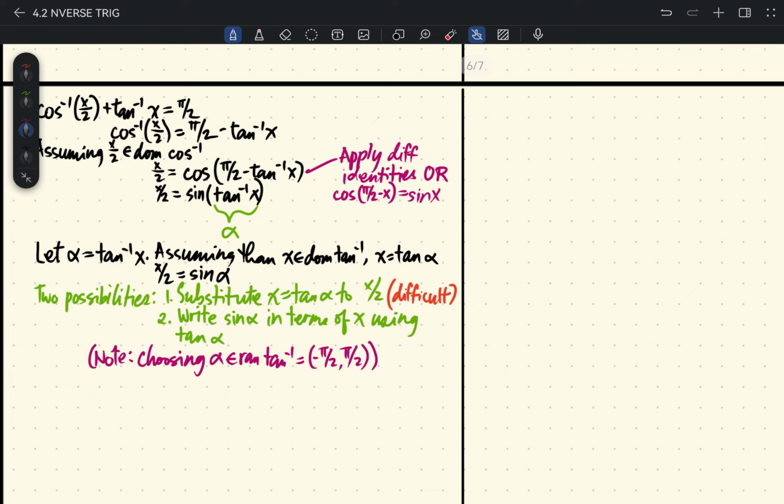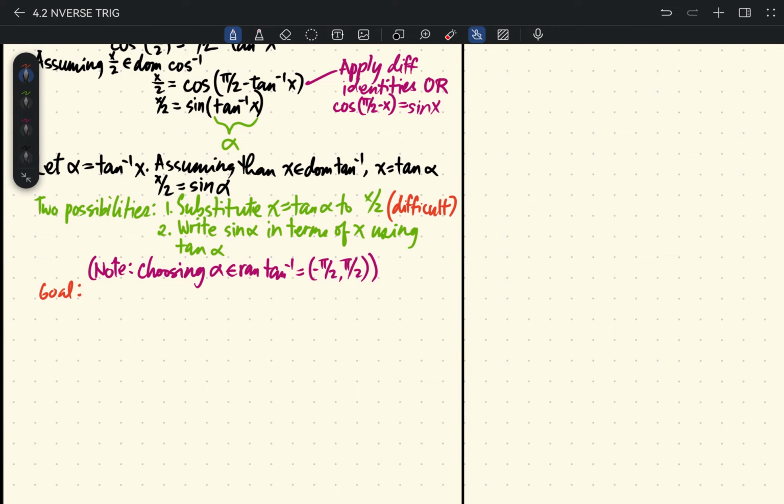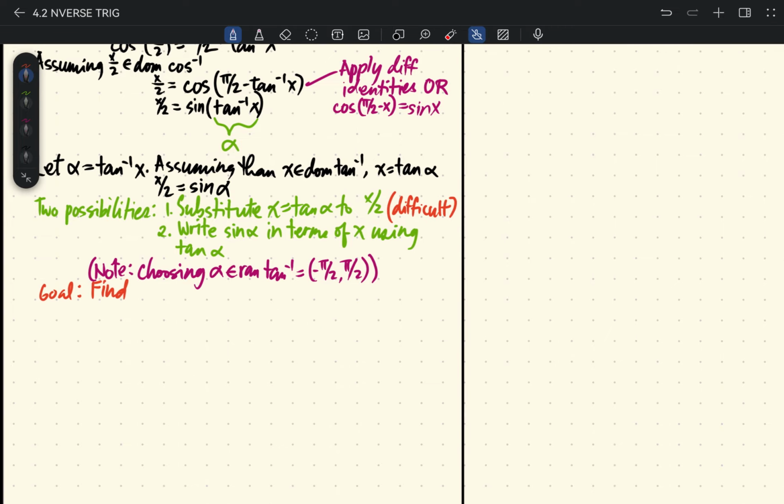So choosing alpha in the range of tangent inverse, we have our new goal. So our new goal is find sine alpha given tangent alpha equals x and alpha in the interval negative pi over 2 to pi over 2.